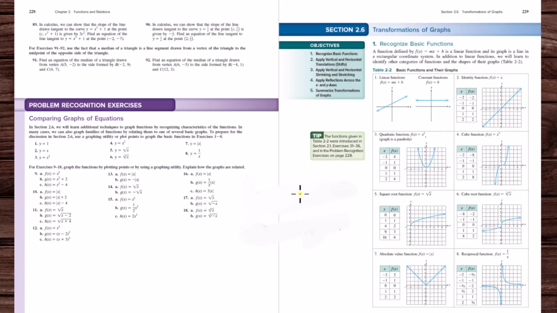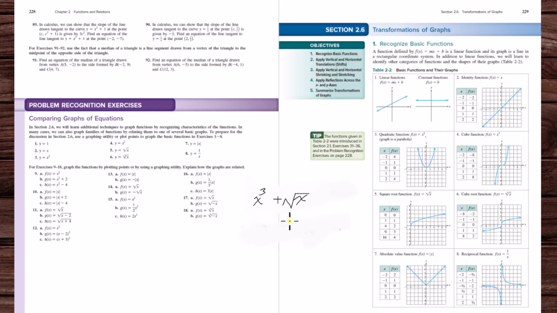You're not adding a constant. You're not subtracting anything from the variable. To have a basic function, or a basic equation or relation that's not a function, you don't have to have just a parent term. You could have some combination of parent terms. For example, I could add a cubic parent term to a square root parent term.